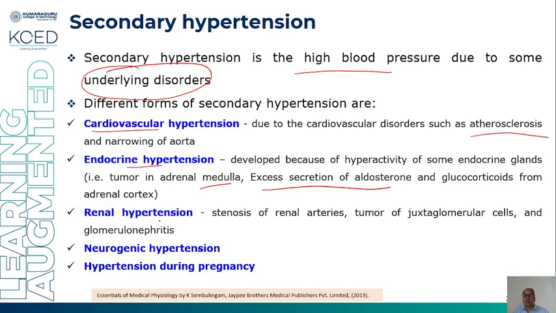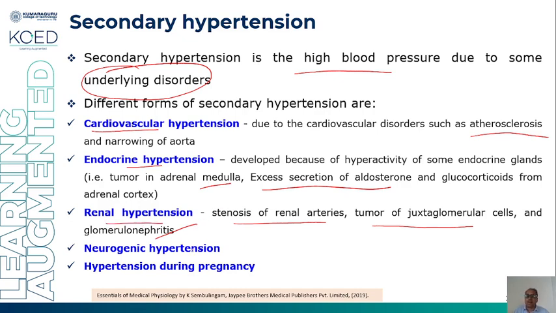Because of a problem in the renal system, such as stenosis of renal arteries, tumor in juxtaglomerular cells, or glomerulonephritis, that is damage to the glomerulus, problems with parts of the kidney may elevate blood pressure. That is renal hypertension.